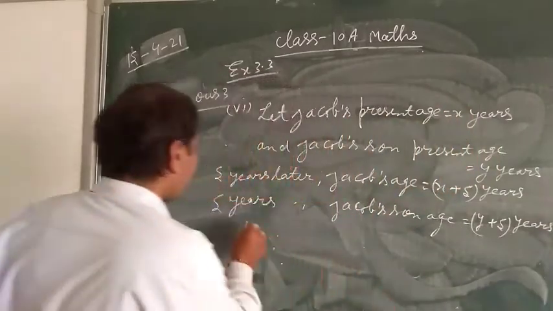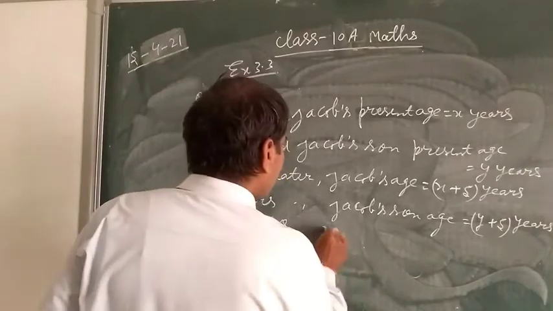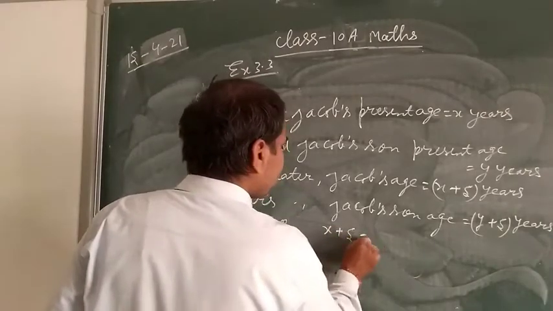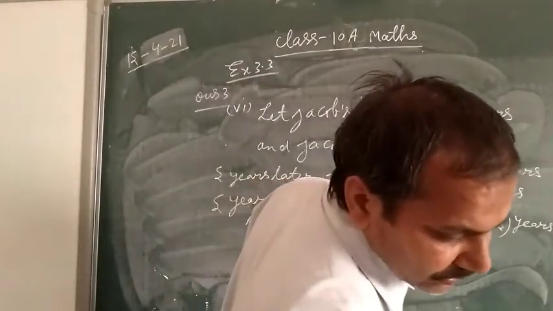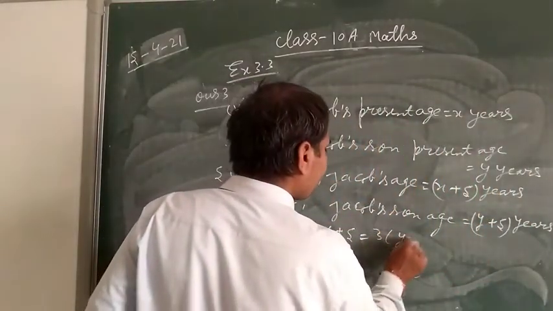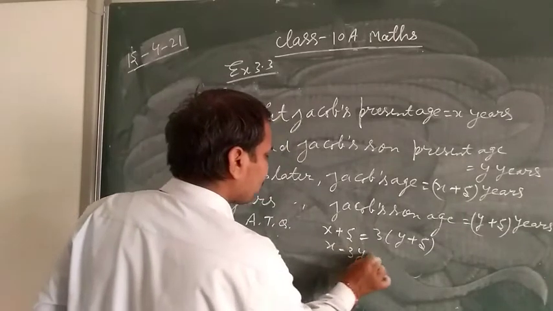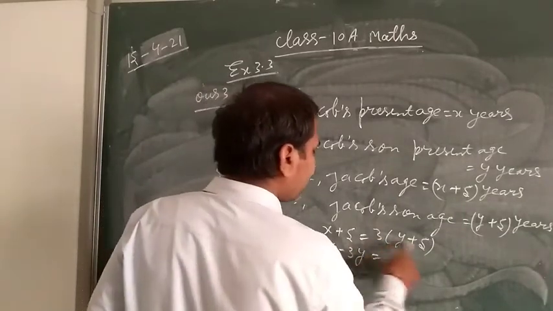So now make the equation according to the question. 5 years later, Jacob's age will be 3 times that of his son. So simplify and find. So x minus 3y is equal to 15 minus 5, that is 10.